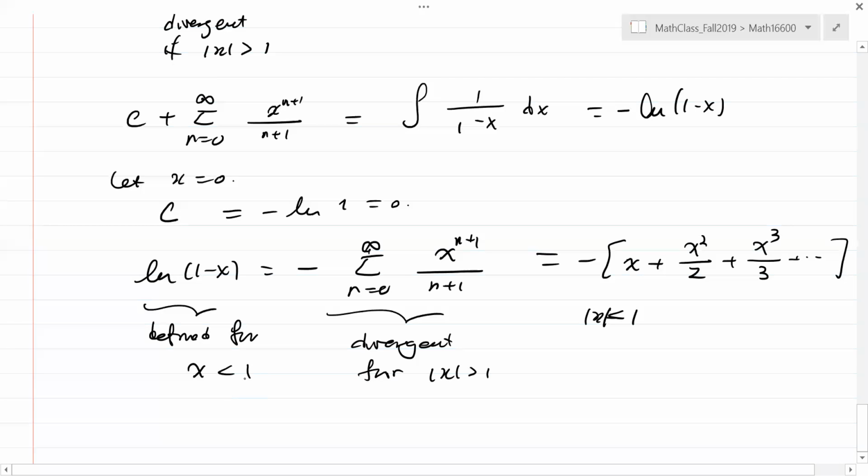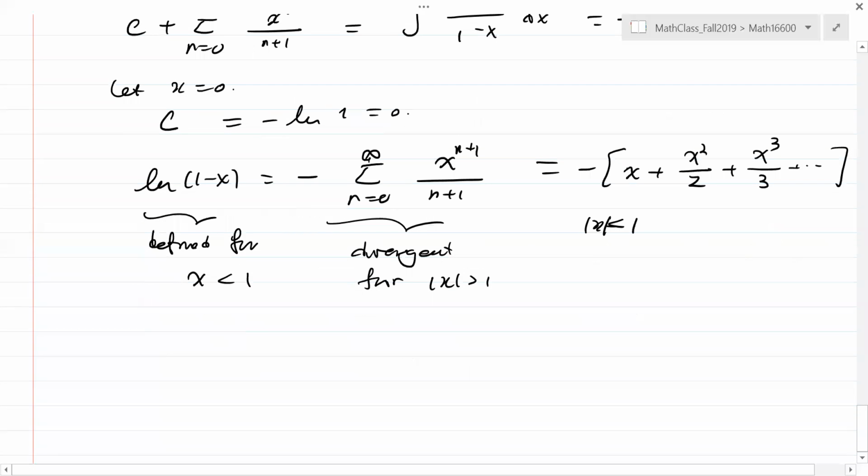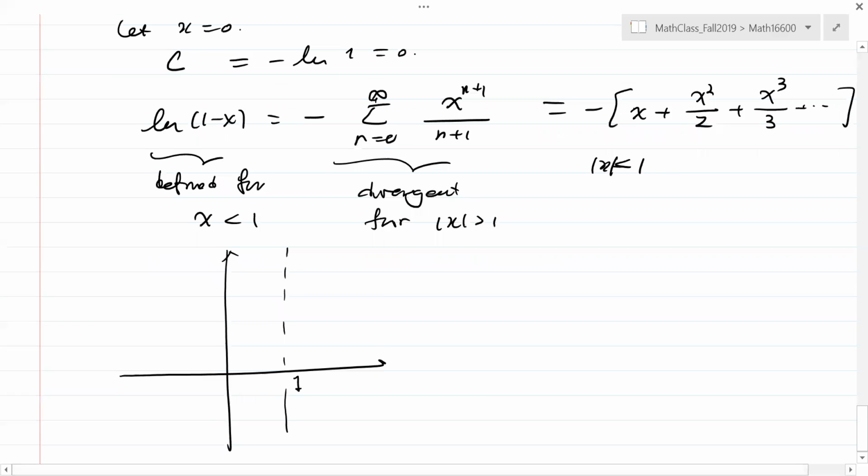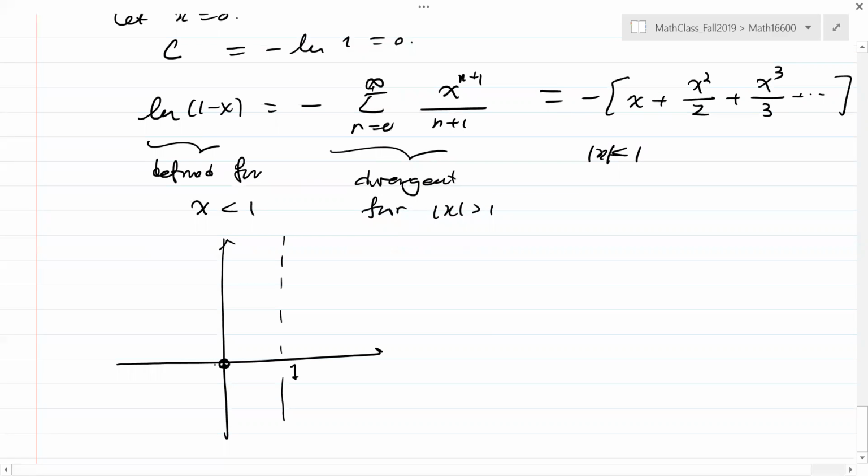Yes, this is as a graph. We can also move the negative sign to the left-hand side. Let's draw the graph. When x equals 1, that's 1. The function for the natural log is defined on the left-hand side. When x equals 0, it passes through the origin.